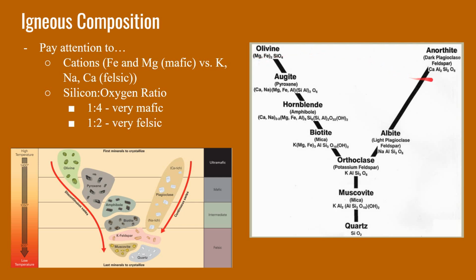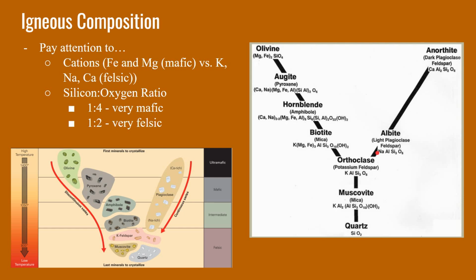You can get some other stuff like calcium too. But if you go down all the way to the bottom to our more felsic rocks, we generally see more potassium and sometimes more sodium as well, like with albite.